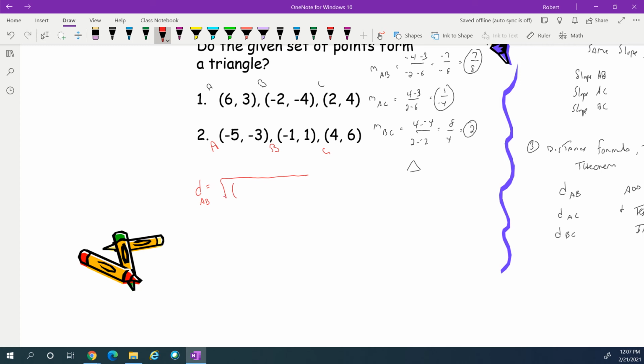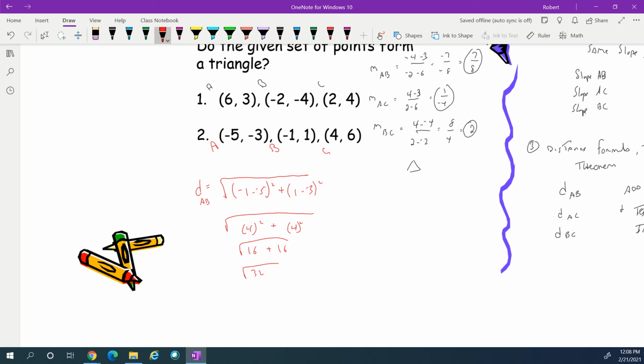For our distance formula, we have -1 minus -5 quantity squared, 1 minus -3 quantity squared. Under the square root, we have -1 plus 5 is 4 squared, and 4 squared. 16 plus 16, square root 32.